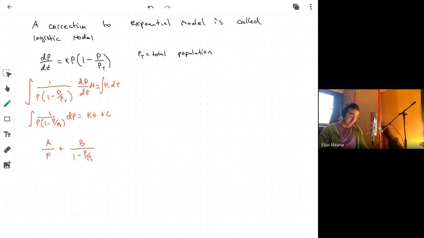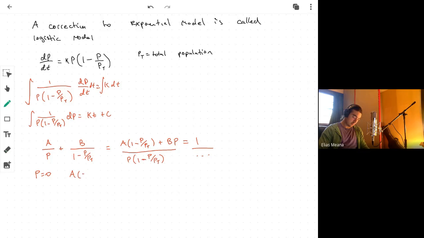Multiplying through, we get A times (1 minus P over PT) plus BP has to equal 1, all over P(1 minus P over PT), etc. And so, of course, we're going to plug in our values. When P is equal to 0, we'd have A times just 1.